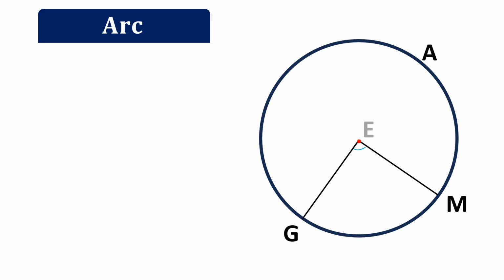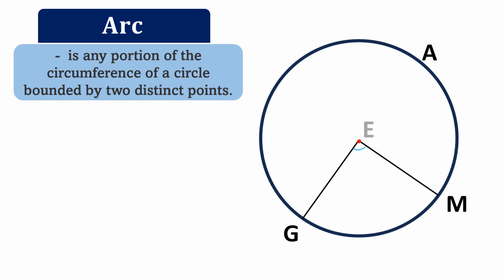Next, arc. It is any portion of the circumference of a circle bounded by two distinct points on the circle. If there is a central angle, it divides the circumference into two types of arc, a big and a small arc.